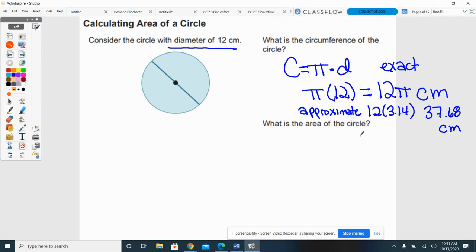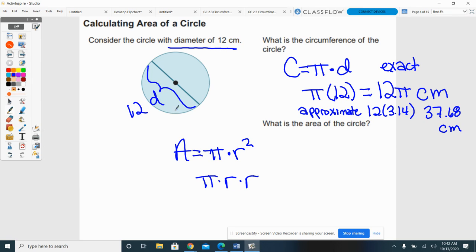Now, for area of a circle, you only have one choice for a formula, and that's pi times the radius squared, or pi times r squared, because that means the same thing. They gave me the diameter is 12, so we do have to do something extra here because I need the radius, not the diameter. So remember, the diameter divided by 2 is the radius, so the radius will be 6, and I can take pi times 6 times 6, and that will be 36 pi.